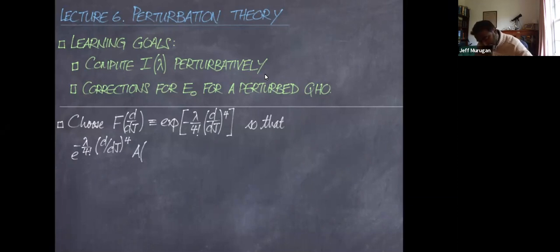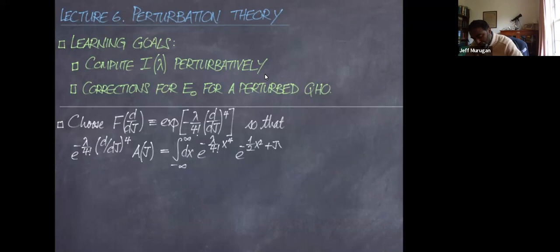Acting on this source, A of j, is equal to the integral from minus infinity to infinity, with respect to x, of e to the minus, with the same functional form, except where I see the d by dj I replace it by x, so that becomes x to the 4, and then e to the minus a half x squared plus jx.